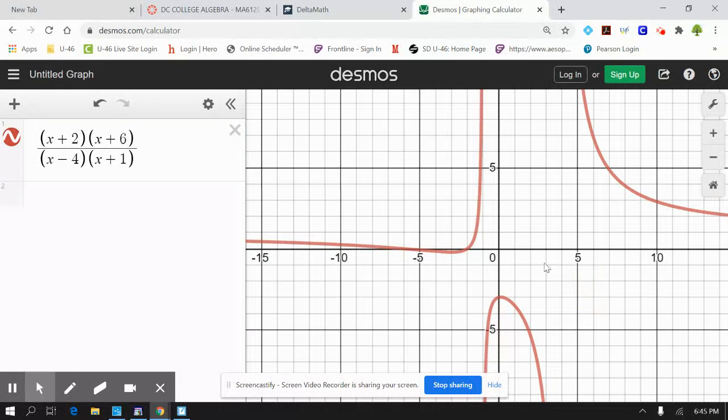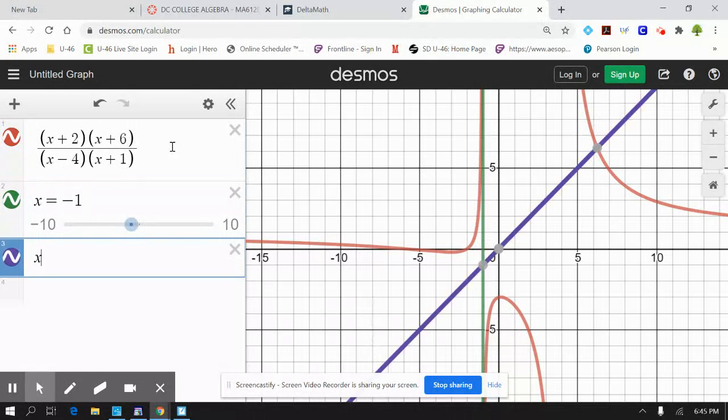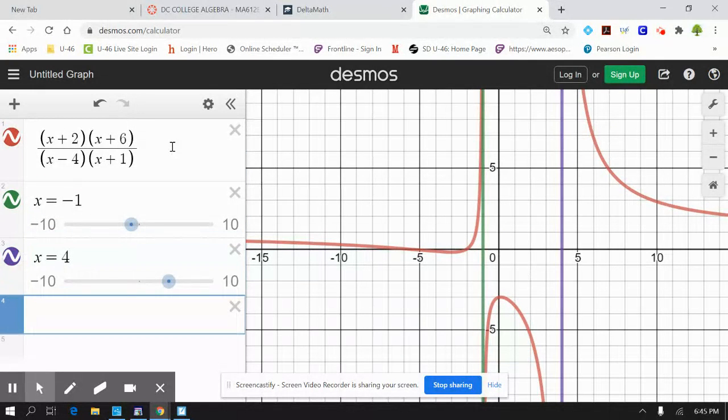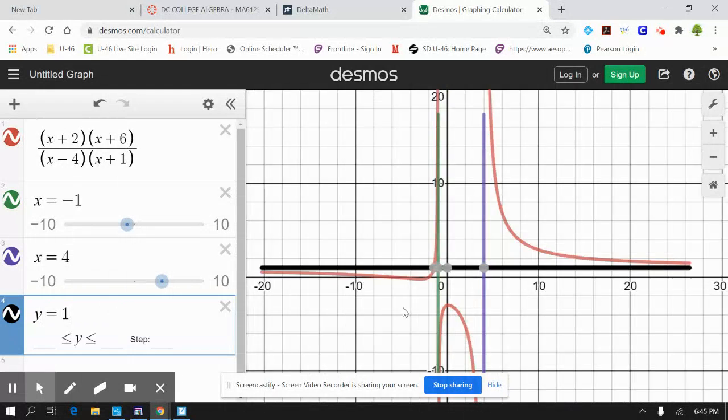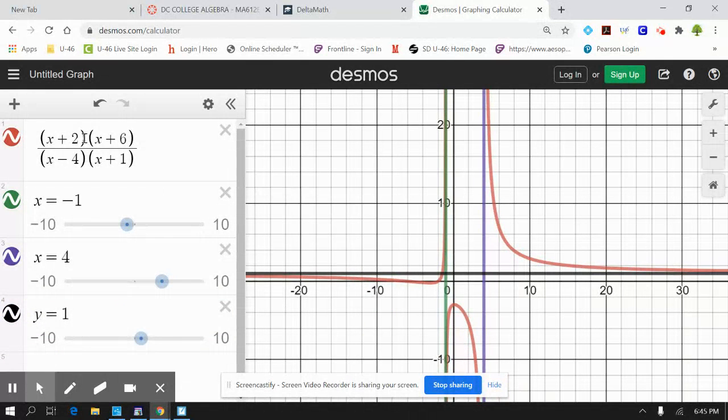And you still have a vertical asymptote at x equals -1. You still have a vertical asymptote at x equals 4. And what's your horizontal asymptote right now? It's y equals 1, because now the degrees, the top and the bottom, are both the same. So you divide the two leading coefficients.